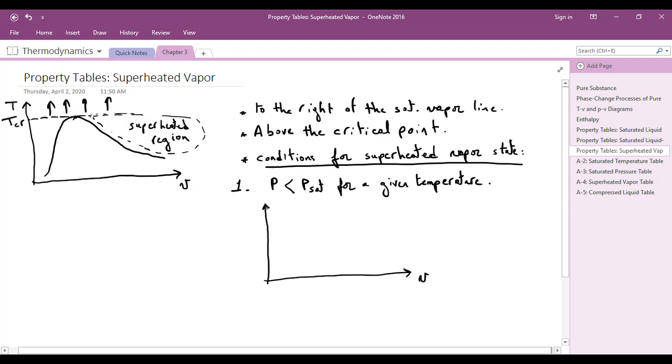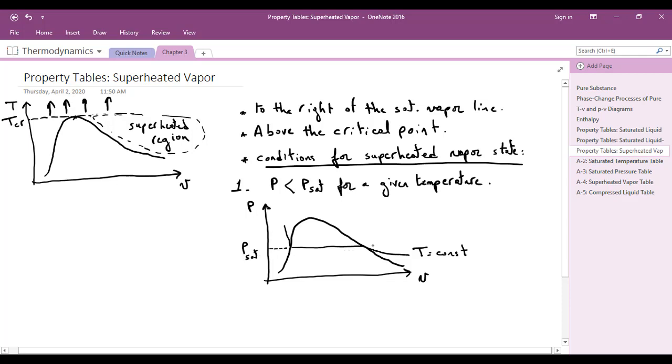If we draw a PV diagram, and this is a vapor dome, we know in a PV diagram we draw lines of constant temperature, and they have a downward trend, as we said before. So this line is for a constant temperature. The pressure during the phase change process is called the saturation pressure.